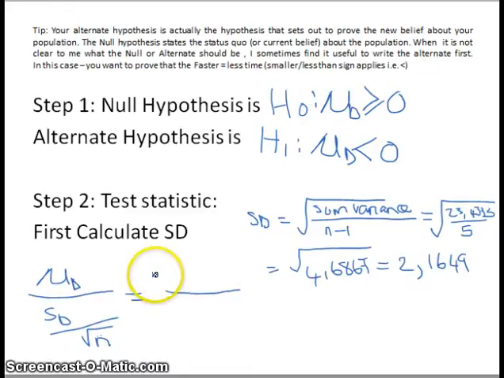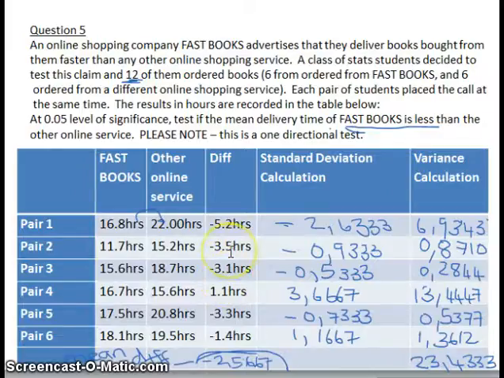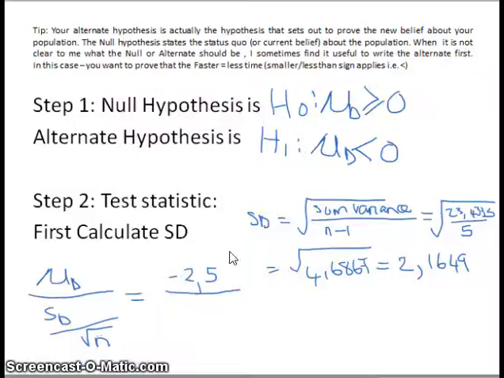The mean difference is minus 2.5667, calculated in that table, divided by 2.1649, but I first have to divide that by the square root of n, the square root of 6.